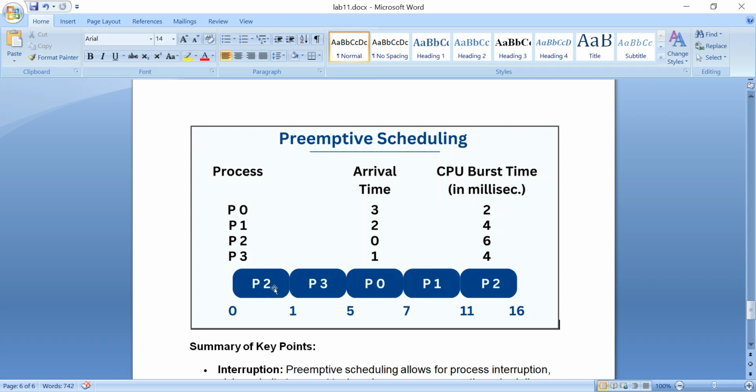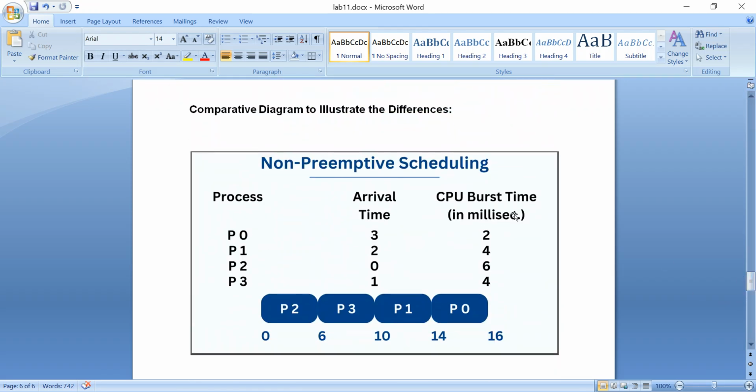So it's good for preemptive scheduling: process 3 will take only 4 seconds, process 0 will take only 2 seconds, so why should they wait for their next turn? In the earlier example, process 0 needed only 2 seconds to execute, but it had to wait 14 seconds for its turn and then executed at 16.